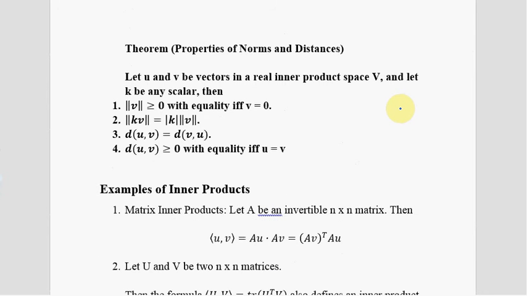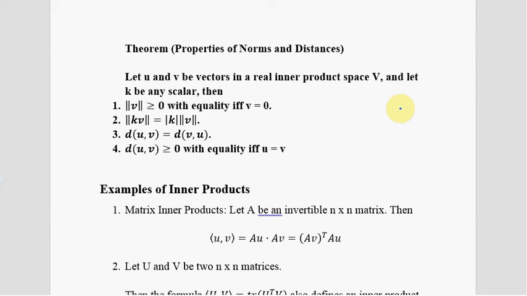As properties of norms and distances, I think in the next class when we come back, we'll prove some of these properties, which is most important to our study of the mathematics. Let u and v be vectors in a real inner product space V, and let k be some scalar.